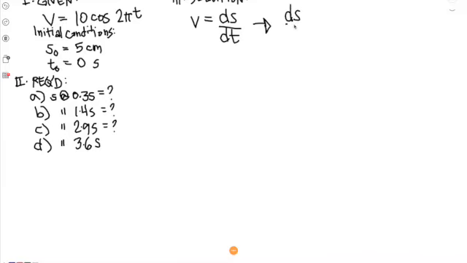So ds over dt is just equal to 10 cosine of 2 pi t. Remember, it's in radians. Okay, so now we have our differential equation.